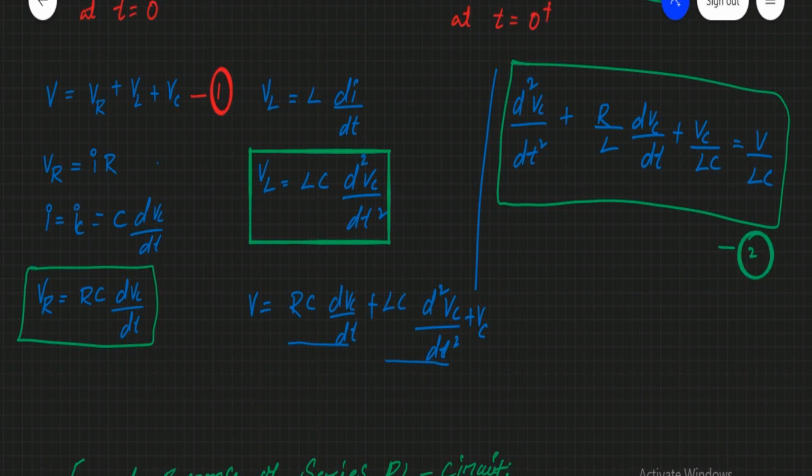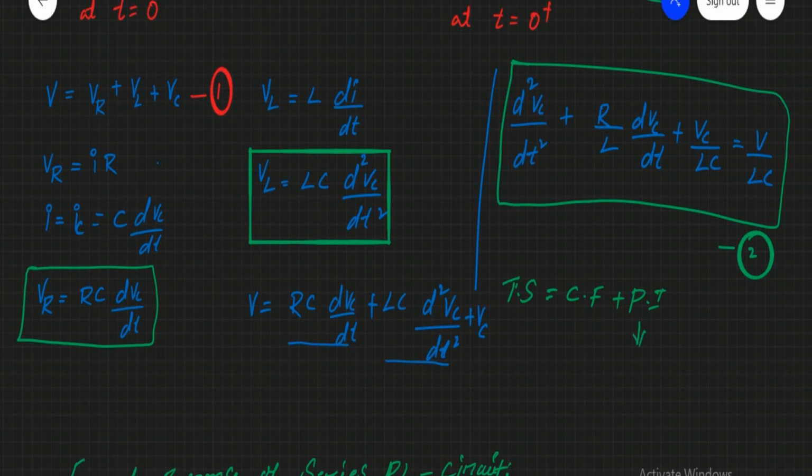By seeing equation number 2, what is the order of this differential equation? It is 2, so this is a second order differential equation. The total solution of this second order differential equation contains the complementary function plus the particular integral. What do you mean by particular integral?